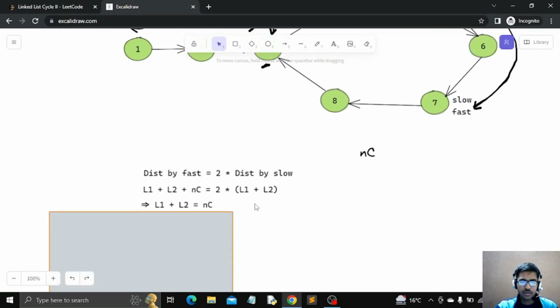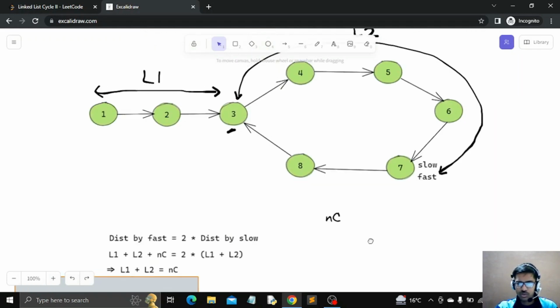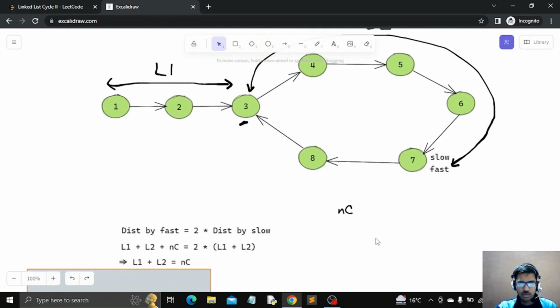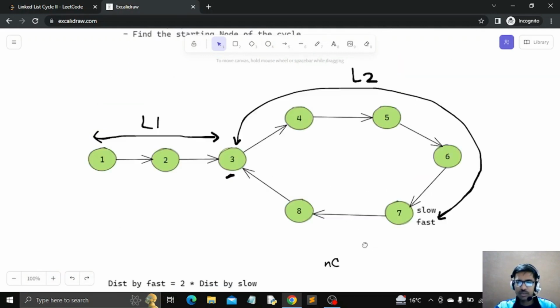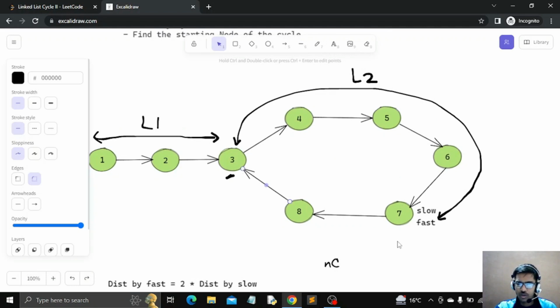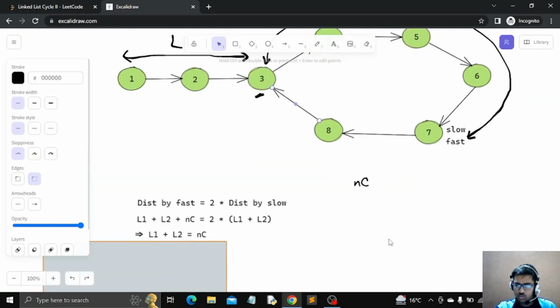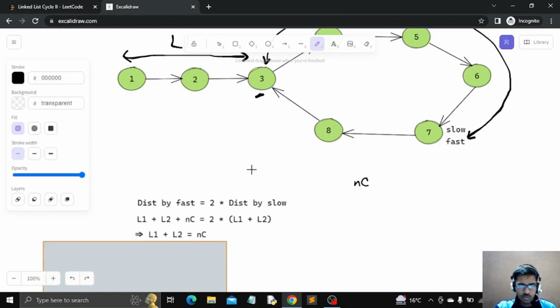Now here, n is the number of rounds taken by the fast pointer. n is going to be a constant, so we can ignore it because we are only concerned with the distance between the nodes, and we don't actually need to find the total distance covered by the fast pointer. So we can ignore this n, which is the number of rounds covered by the fast pointer.